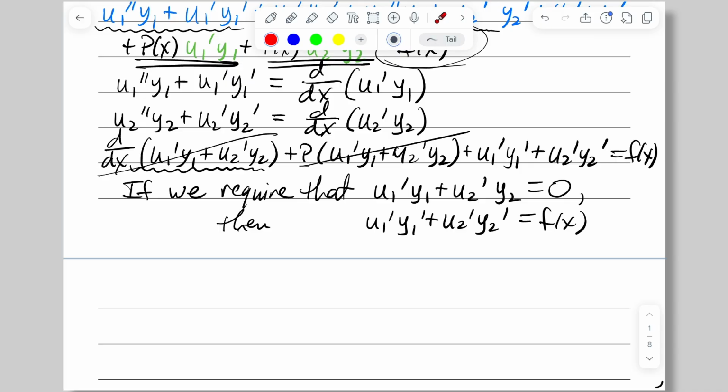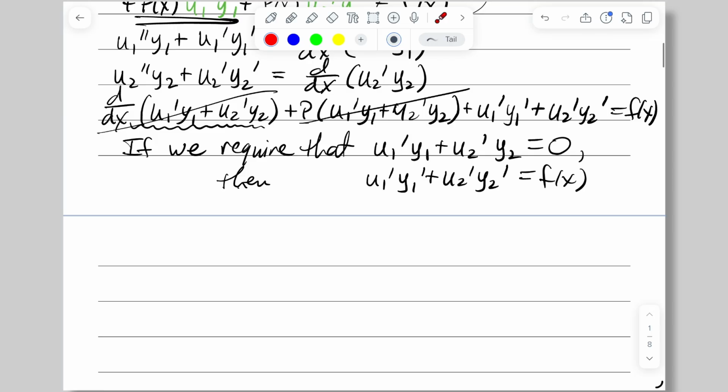I know, this is kind of funky. It's a big ol' if. Textbook authors at this level don't usually explain that. But understand that with this condition that u1 prime y1 plus u2 prime y2 equals 0, that leads to u1 prime y1 prime plus u2 prime y2 prime equals f of x. Okay, now I'm going to try to bring this all together here.